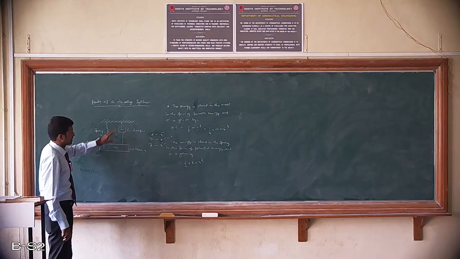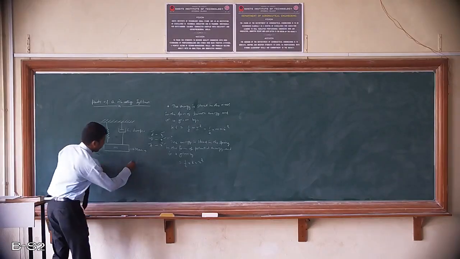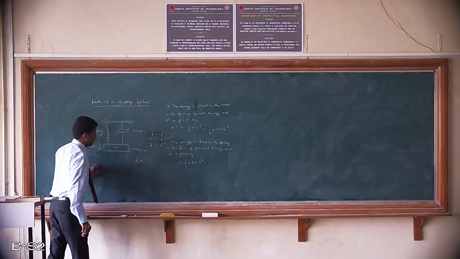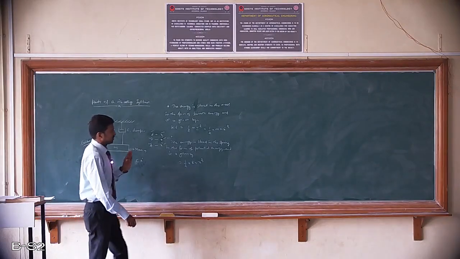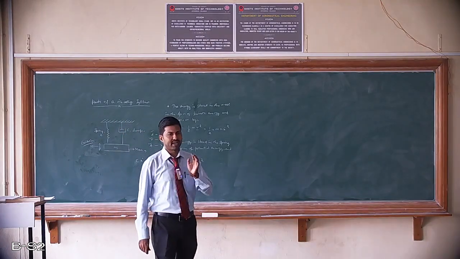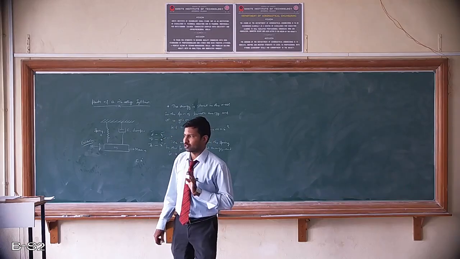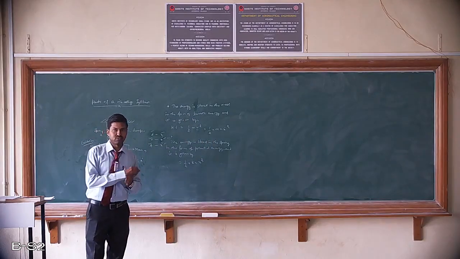At the same time the damper opposes the motion of the mass with a damping force of C into x dot. So it means for any system, when you give an external excitation or when a force acts on any system, there will be a resistance force also.